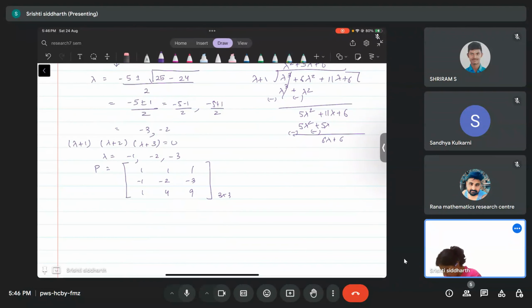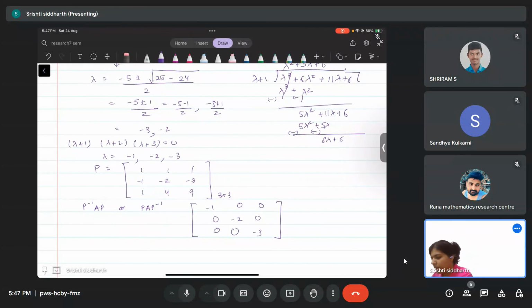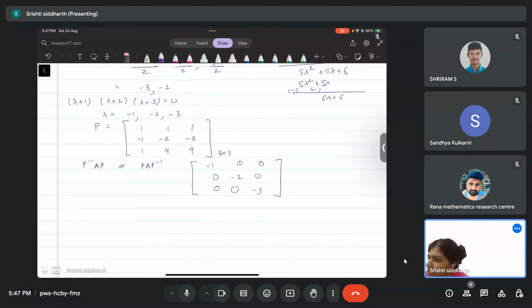So you can check if P inverse AP, or maybe PAP inverse, is the diagonal matrix or not. What we want to get is minus 1, minus 2, minus 3 and zeros everywhere else. If there are any doubts about the calculation of the transformation matrix, you can ask me now. Otherwise, we'll move on to the next one.